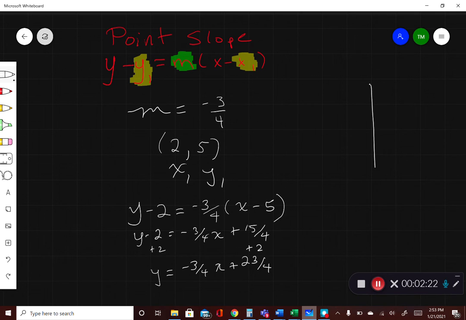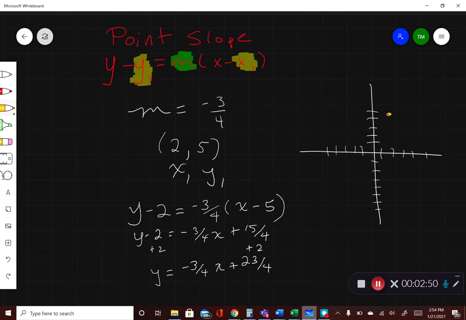The other thing we can do is we can actually graph the line. So with this, we are going to start at our point, and then we're going to apply the slope to find additional points. So we're going to first graph the point 2, 5. We're going to go to 2 on the x and then 5 on the y, which will be this point right here.